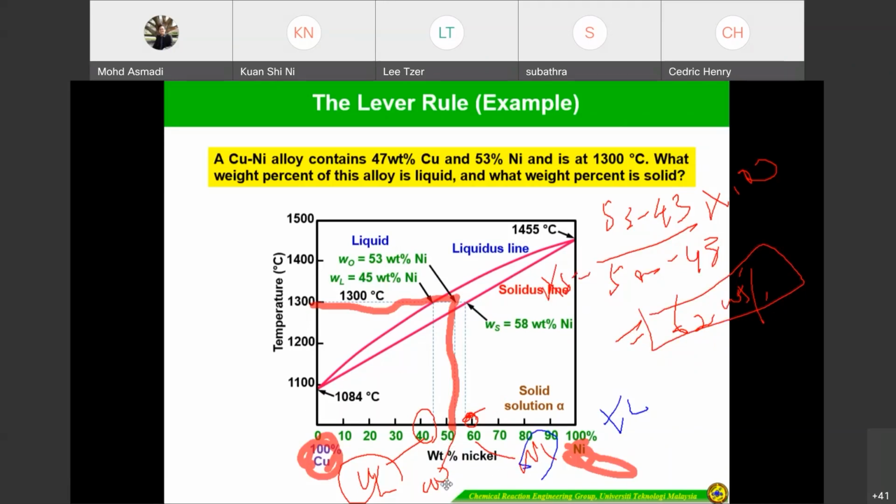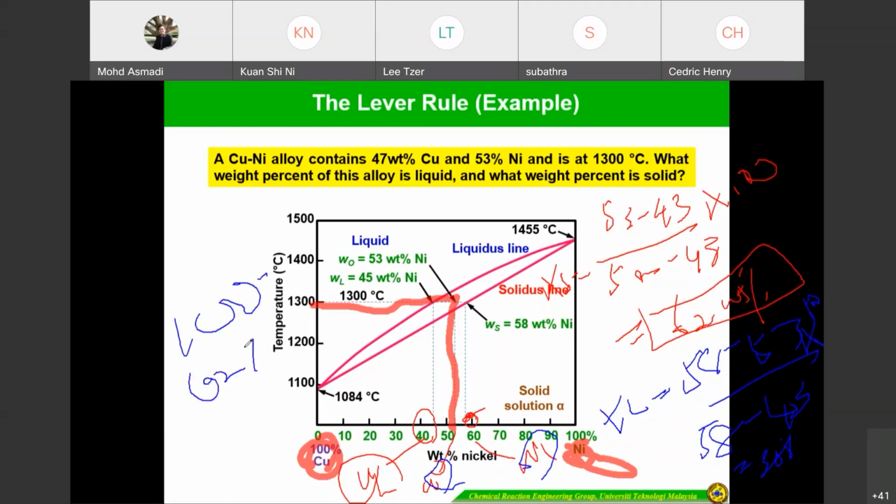WS minus W naught, so 58 minus 53, divided by 58 minus 43, times 100. So how many percent can you get? 58%. Or just 100% minus 62%. So you can get 38%. Same.